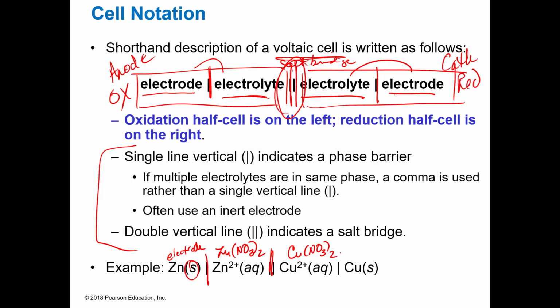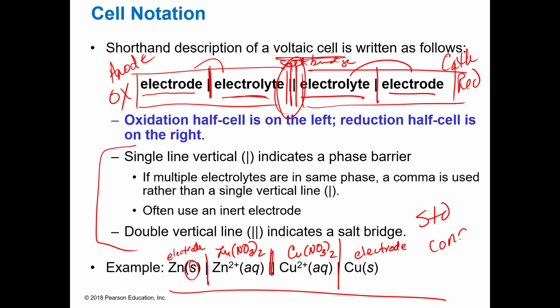And then you had a copper electrode, so it's a piece of copper metal. And so you're telling me that that is a standard condition way to write this. Okay, so you're telling me you're at room temperature, all of your solutions are at 1 molar, or if you have a gas, it's 1 atmosphere, and you have a salt bridge there, and you've separated the two, so you should get a flow.